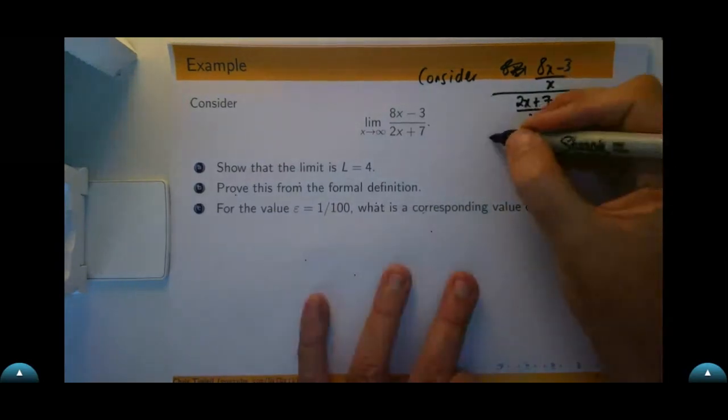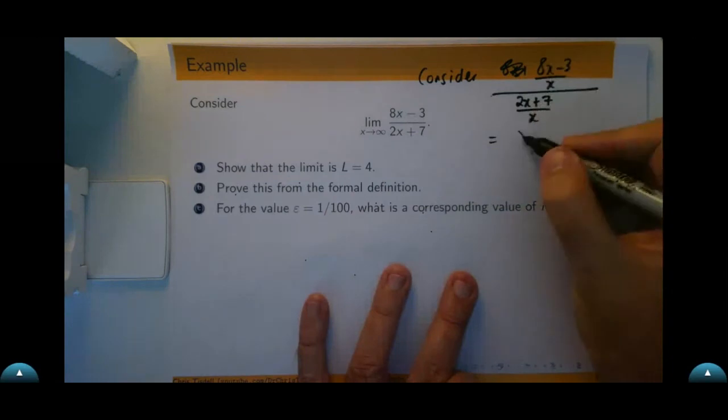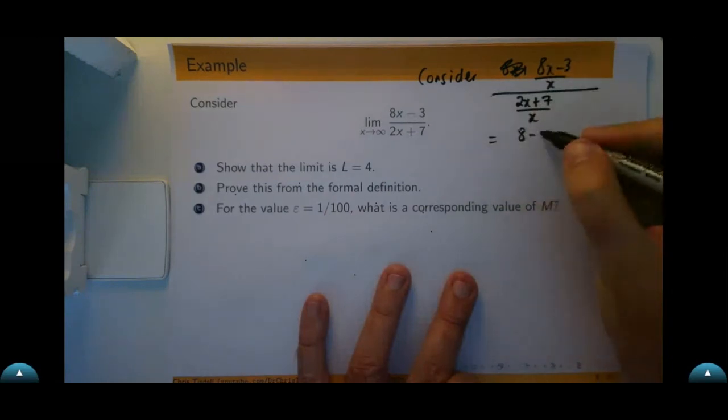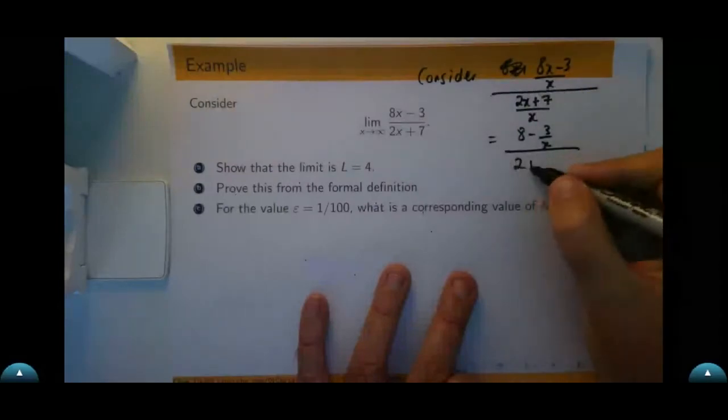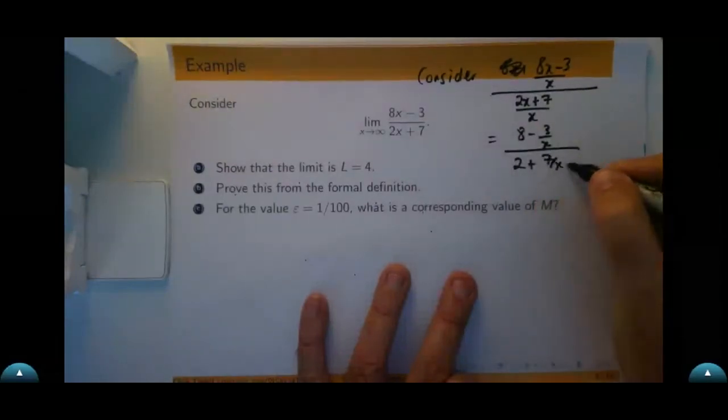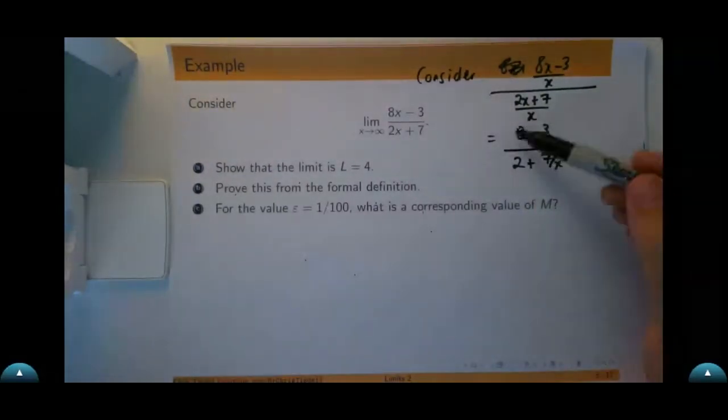Okay, so you can put this in here. So that'll be 8 minus 3 on x all over 2 plus 7 on x. So what is this going to go to? This will go to 0 as x becomes large and positive.